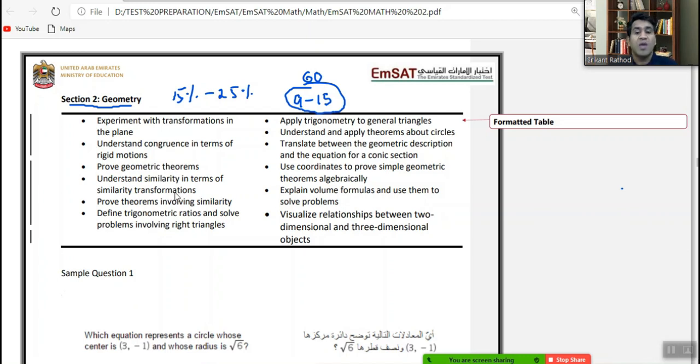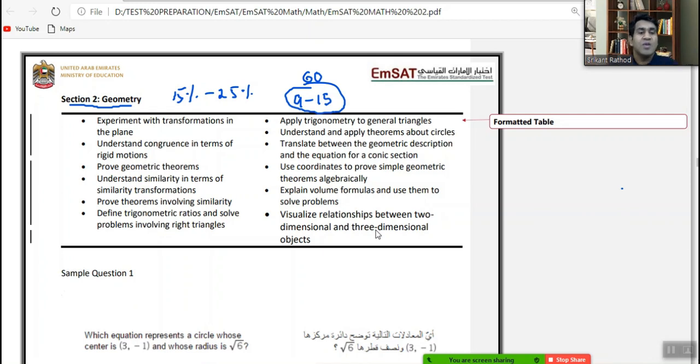Along with that, we need the basics of trigonometric ratios and solving questions relating to sine, cosine, tangent, and so on, and applying these trigonometric concepts to application-related questions. We also need to study visualizing the relation between two-dimensional and three-dimensional figures. These are the basic concepts you need to know.